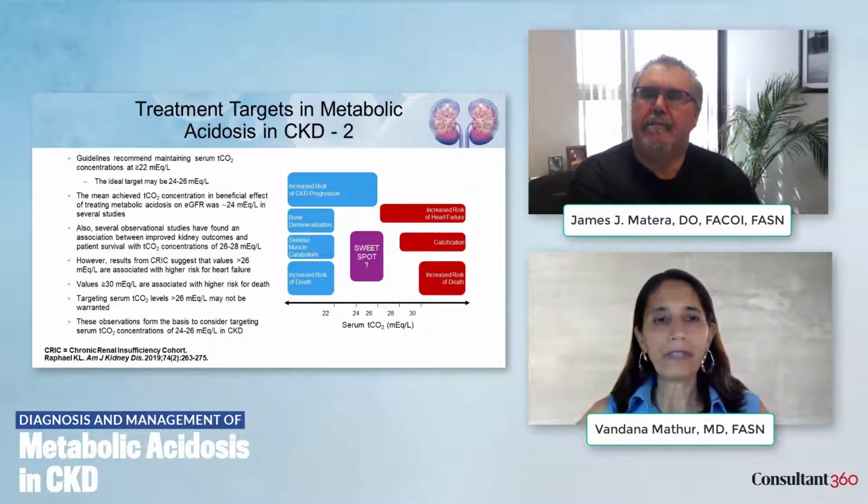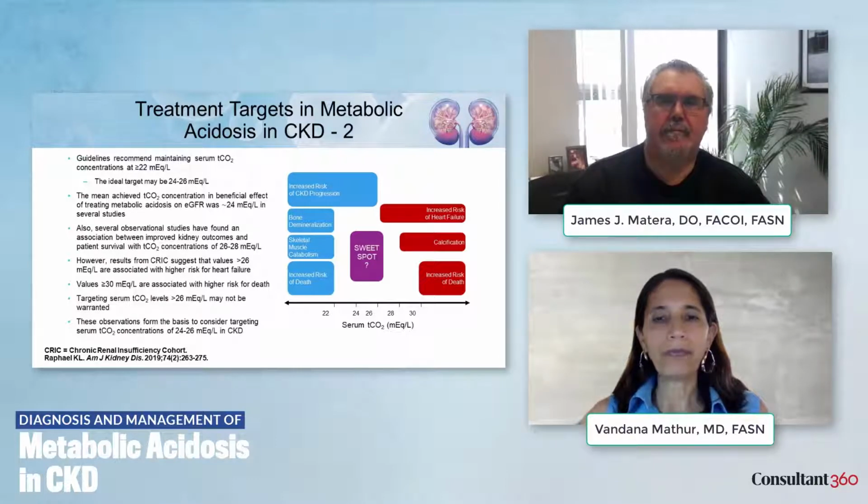One of the things we have seen from data, particularly from the CRIC trial, where they looked at the relationship between serum bicarbonate levels and risk of CKD progression as well as cardiovascular risk, is that the sweet spot for the optimal bicarbonate concentration was around 24 to 26, but the significant downside happened with alkalotic range bicarbonate levels, and at these levels there was an increased risk of heart failure.